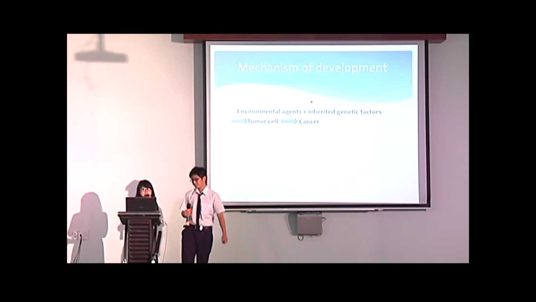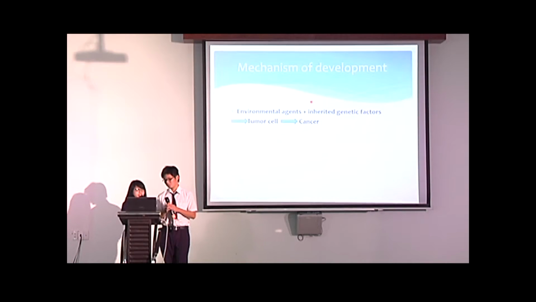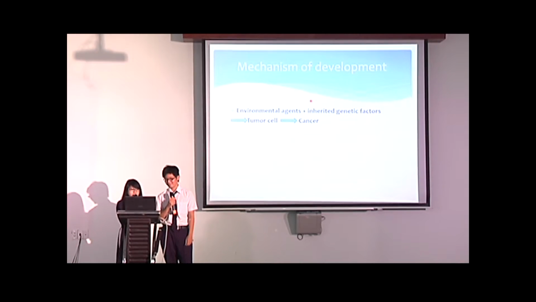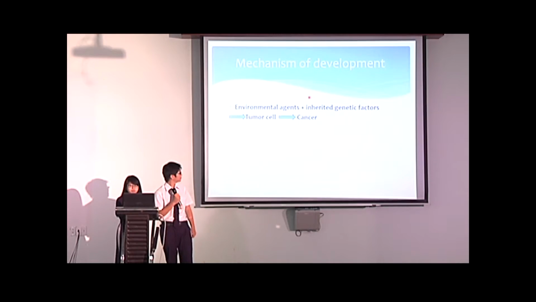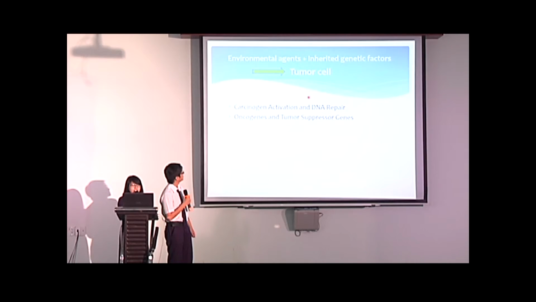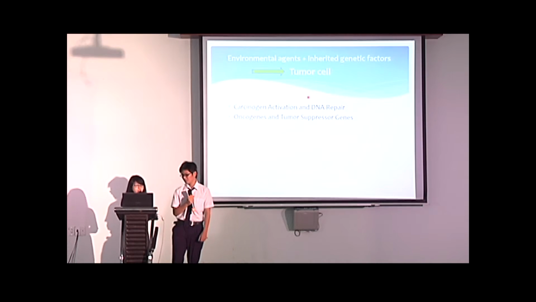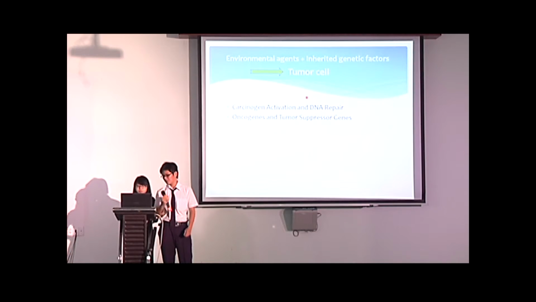Next, the mechanism of development. The combination of environmental agents and inherited genetic factors can cause tumor cells and develop cancer. There are two kinds of mechanisms of development: carcinogen activation and DNA repair, and oncogenes and tumor suppressor genes.